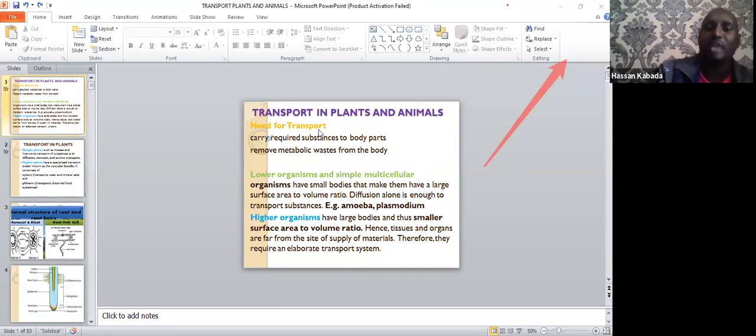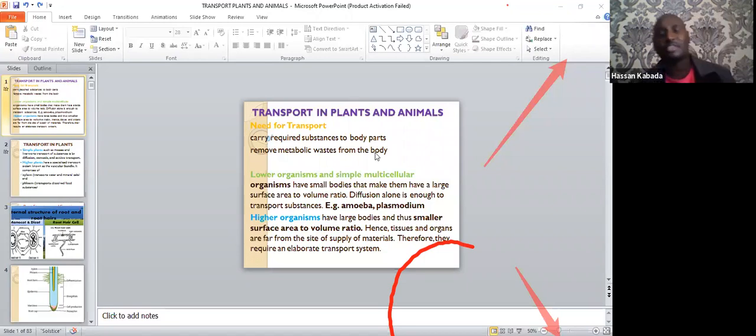One, we said to carry required substances, which remember we said include nutrients and hormones, from one point of the body, especially from the organs that bring them in, to another area where they are now required to be used. Then removal of metabolic waste products. These are basically the processes that occur in the cells and tissues that produce the metabolic wastes, like nitrogenous waste and carbon dioxide.